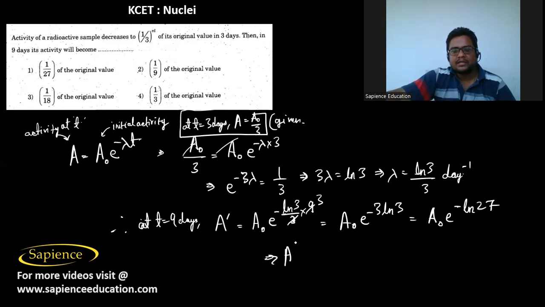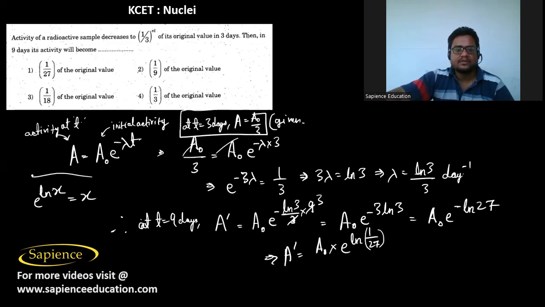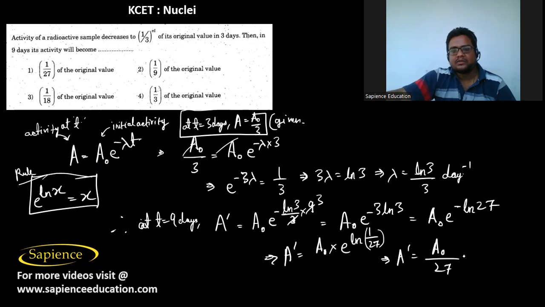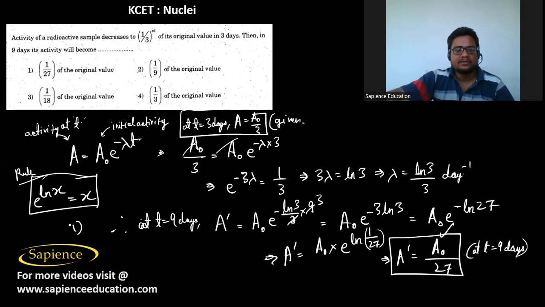So A dash equals A naught into e power ln 1 by 27, and the rule is e power ln x equals x. Therefore, A dash will be equal to A naught by 27. So at t equals 9 days, the activity will be 1 by 27 times the initial value. So option 1 is the correct answer.